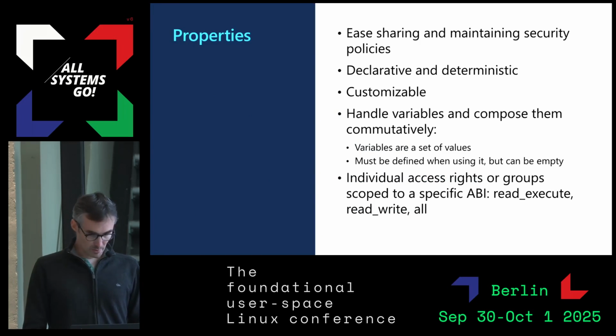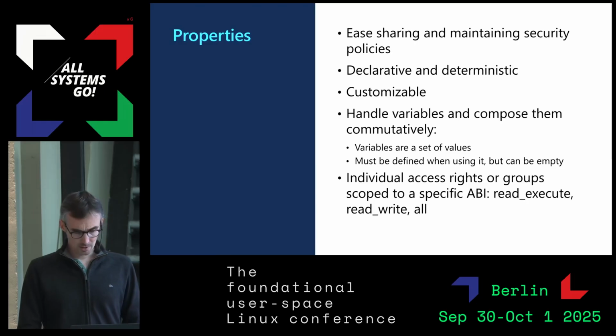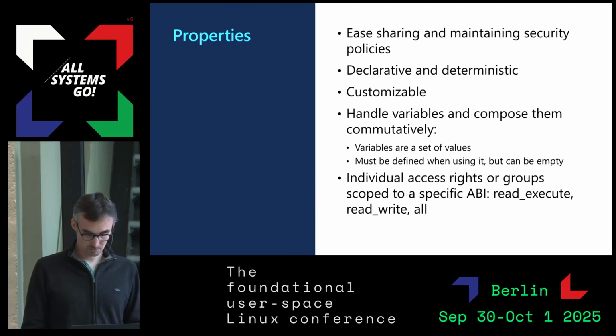So some properties. The idea with all these configuration files is to make it easy, or at least possible, to share and maintain security policies. These configuration files are declarative and deterministic, customizable with variables, or even without, just by adding different files or even symlinks to share files between different applications and so on.